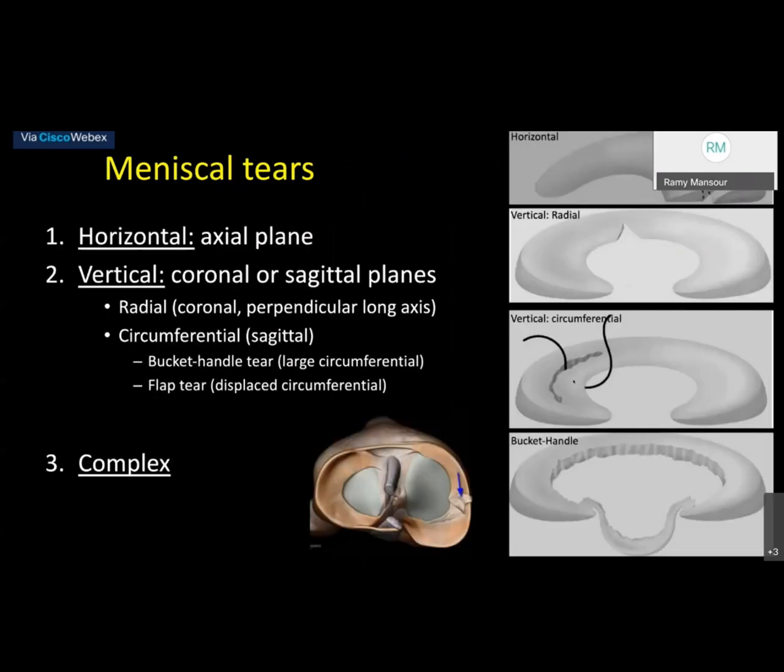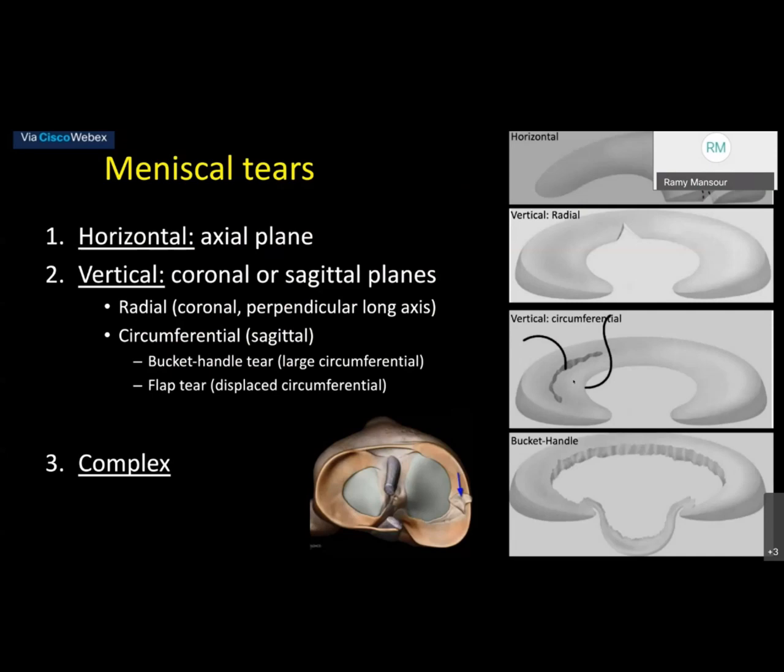Okay, so now we'll move on to the most common pathology of the menisci, which is the meniscal tear. Broadly speaking, meniscal tears can be divided into three main types.